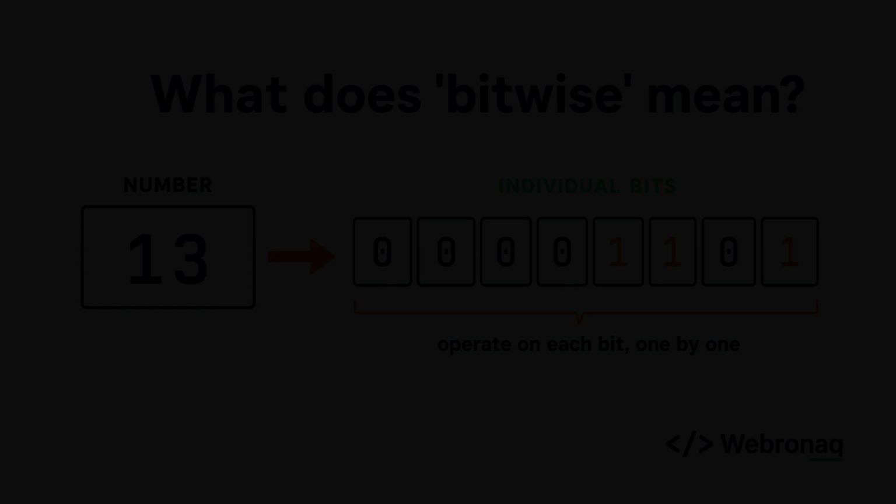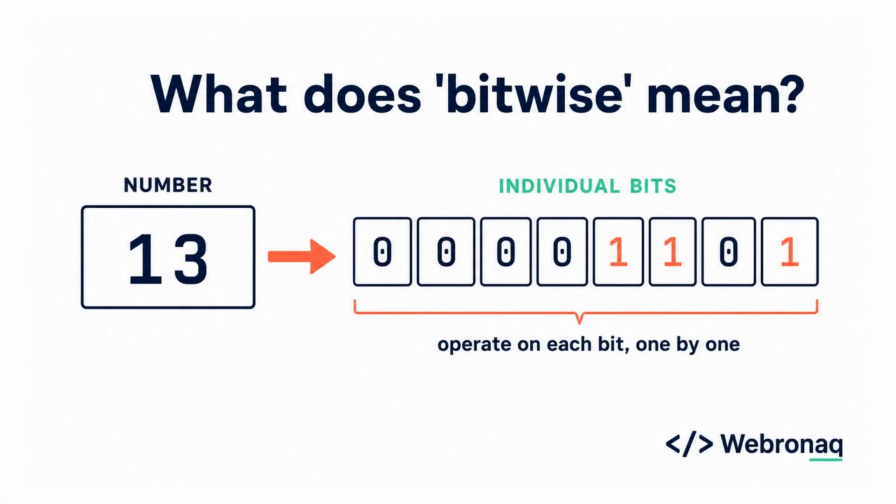Let's get into it. All right, before we touch the AND part, let's quickly understand the word bitwise. When you store a number like 13 in your computer, it doesn't actually sit there as the digits 1 and 3. It's stored as a sequence of bits, zeros and ones. So 13 becomes 00001101 in binary.